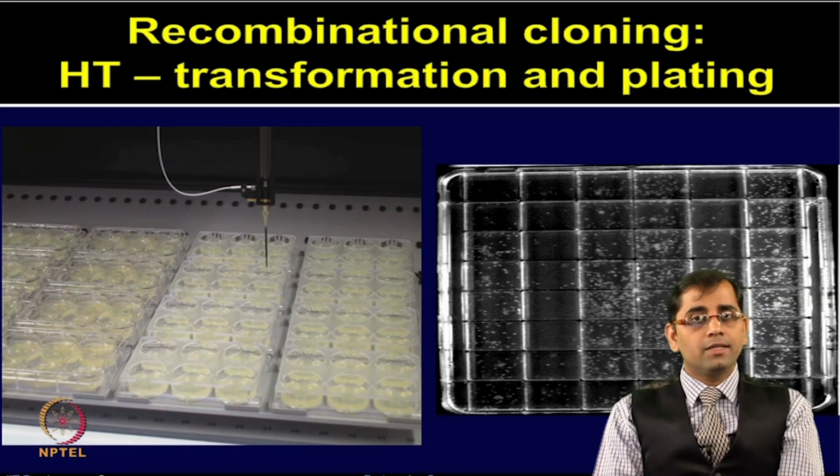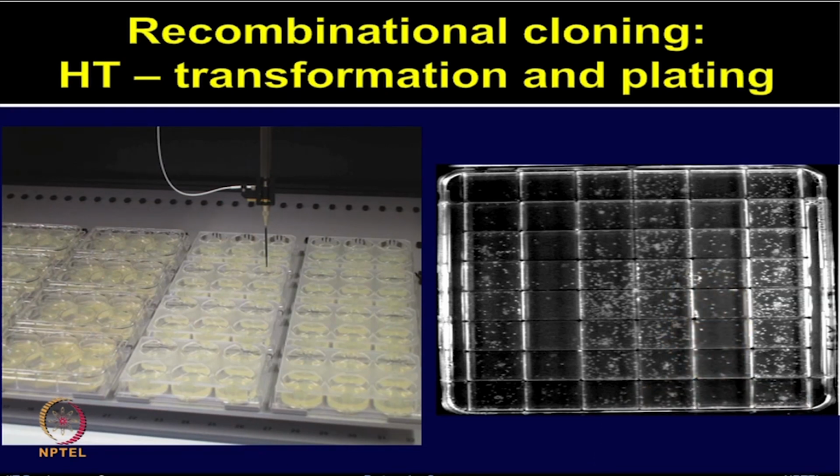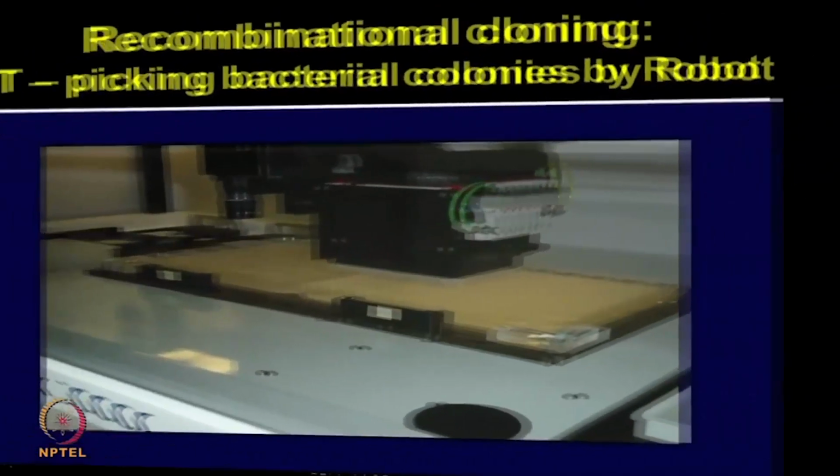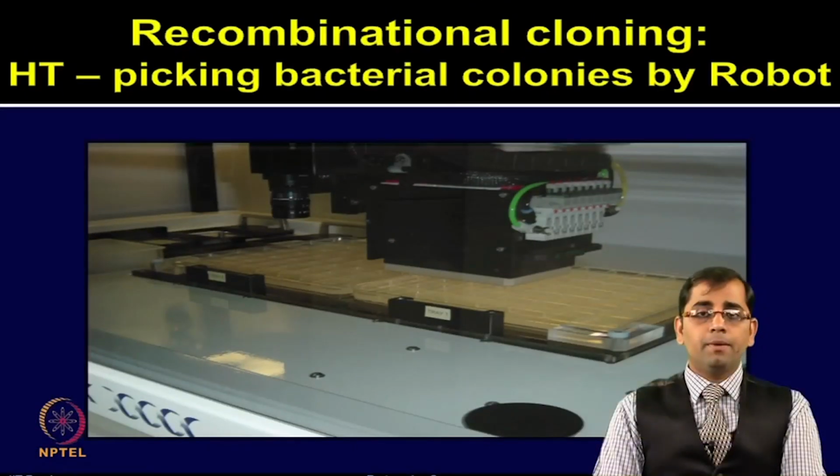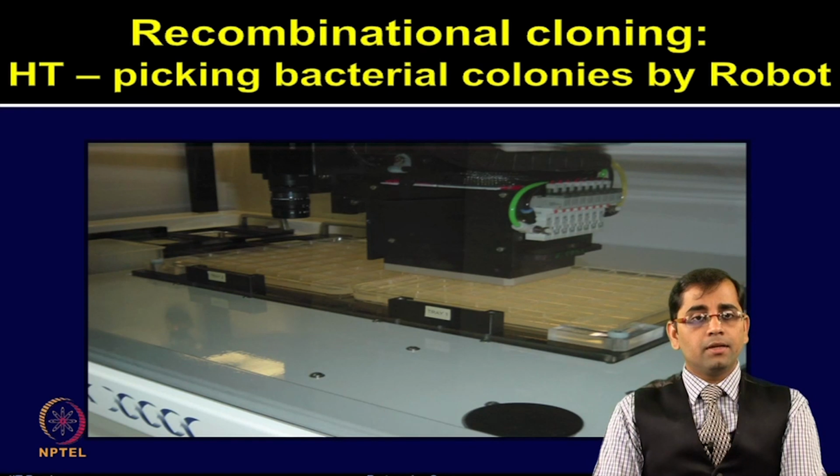By using a robotic system, one can easily pick the bacterial colonies without touching the neighboring clones. Therefore, single colonies can be picked with much more accuracy by using this automation system. The bacterial colonies can be picked by such robotic systems, which increases the efficiency of the process and reduces the contamination.